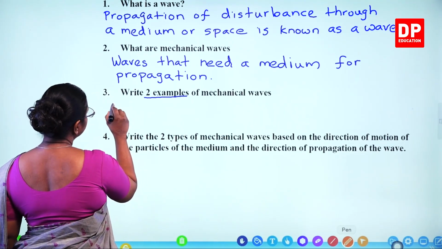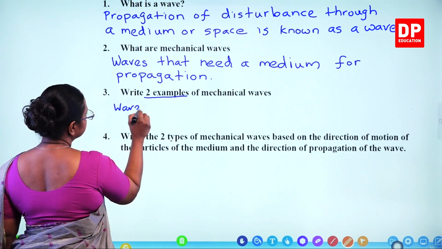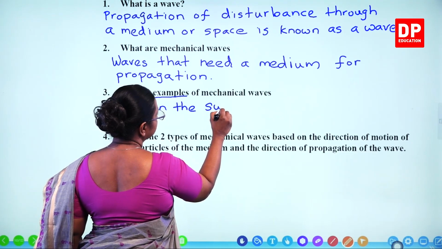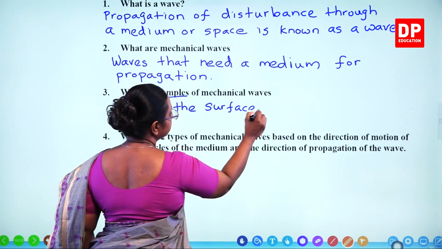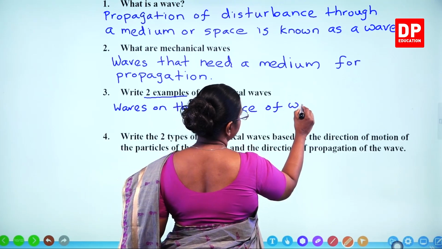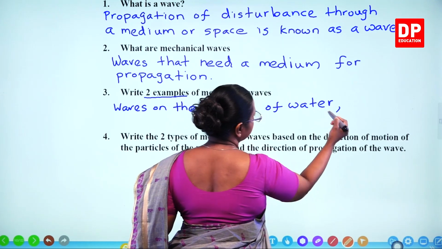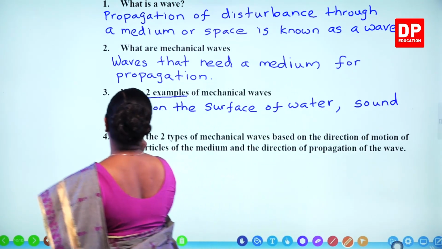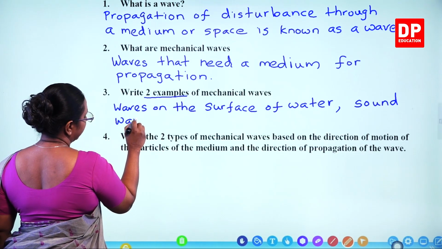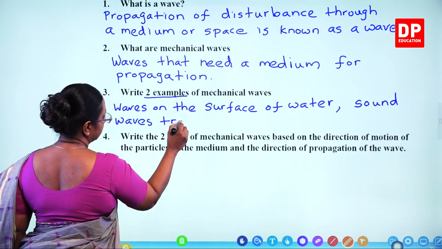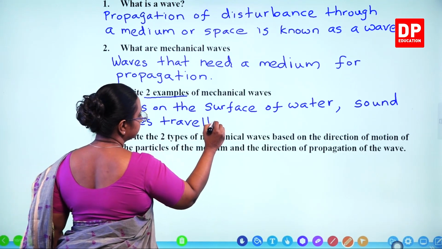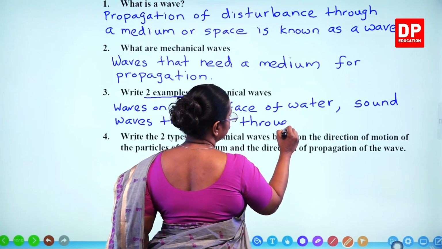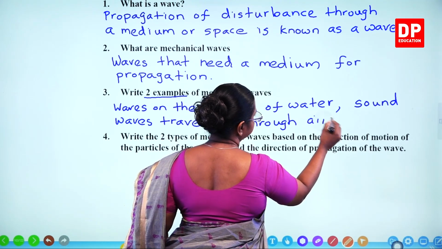I will write waves on the surface of water and sound waves traveling through air.